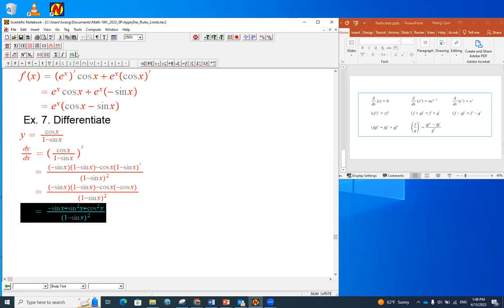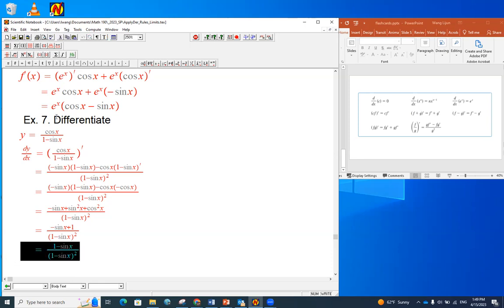And then what? Sine squared x plus cosine squared x is 1. And we get a 1 minus sine x on the top. We can put a 1 minus sine x on the top, so we can reduce it.